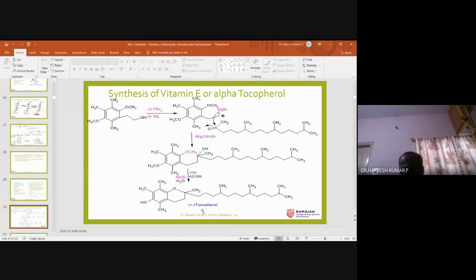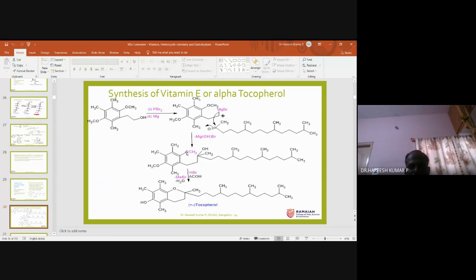Ethers can be cleaved by using HBr. The lone pair on the oxygen reacts with a proton, thereby converting O-methyl into OH, and methyl reacts with Br and goes out as methyl bromide.